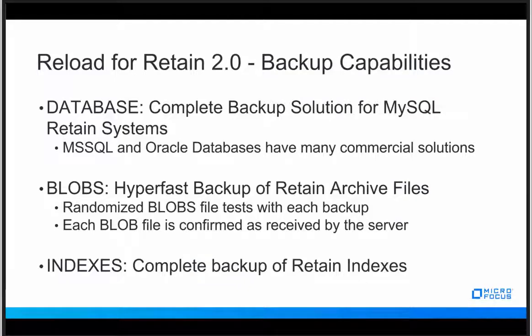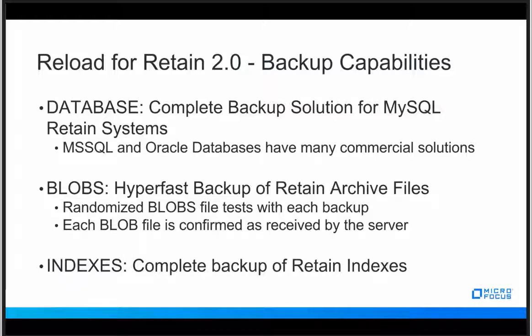What it does is it goes out on the Retain server and looks through a random set of directories. When I say random, you tell it how many to scan. You set the value, and the default factory value is 1,000 different directories.